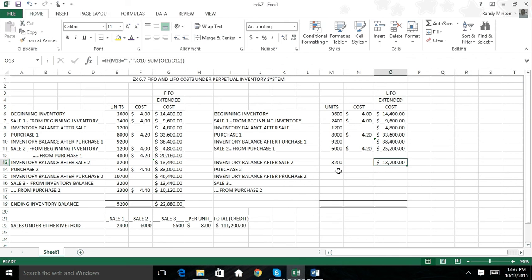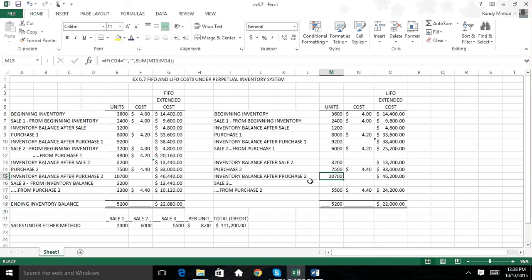All right. Next we have a second purchase, and the second purchase, our book tells us, is 7,500 units. Notice the facts can't change. I mean, we still have the same purchase and the same sale. So now if you look at the inventory balance after purchase number 2, and remember, under the perpetual inventory method, after every single transaction, be that a sale or a purchase, we must come up with our inventory balance.